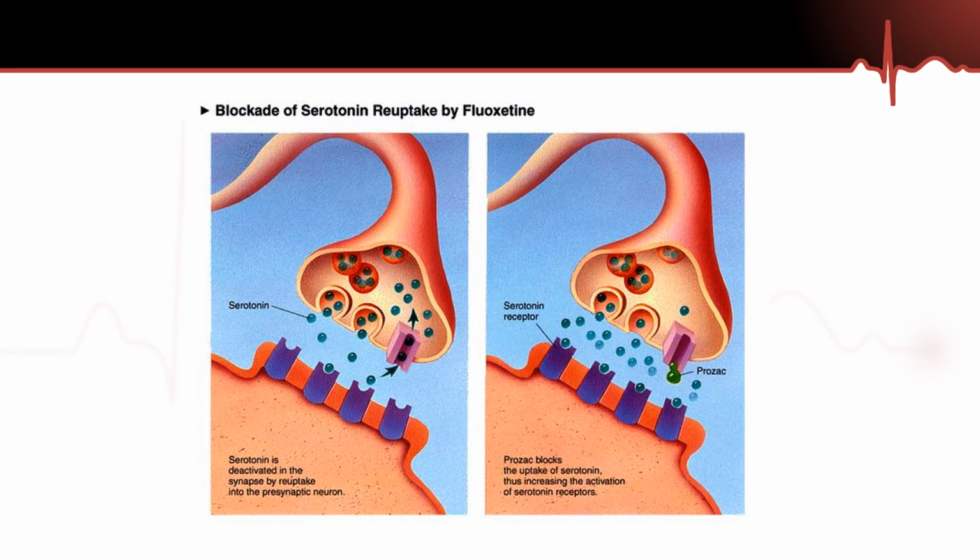There are little protein pumps located on the plasma membrane of this neuron, called reuptake pumps, by the way. When serotonin is released from this neuron into the interstitial fluid, these protein pumps take serotonin and pump it back into the neuron, and it basically recycles serotonin. You can see that actually happening over here on the left.